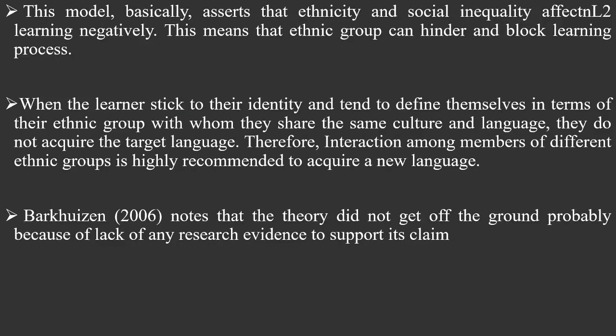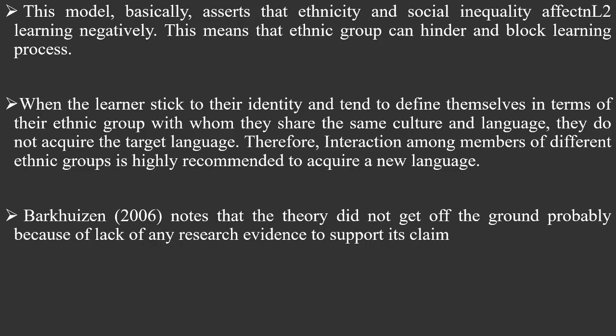This model basically asserts that ethnicity and social inequality affect L2 learning negatively. Okay, so according to this model, ethnicity, so different religion, different race. So if you look at your group, at the language you belong to, from this perspective, you cannot learn another language.